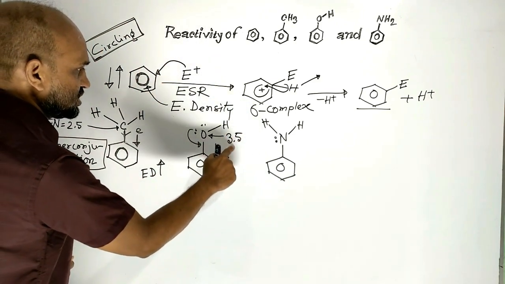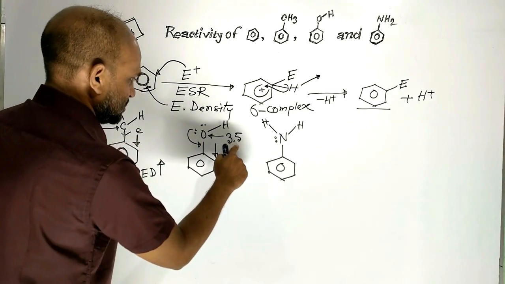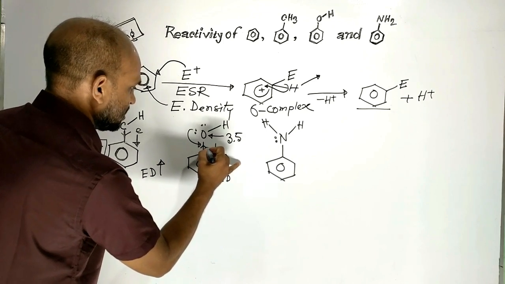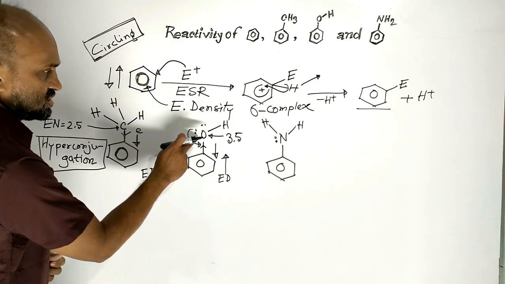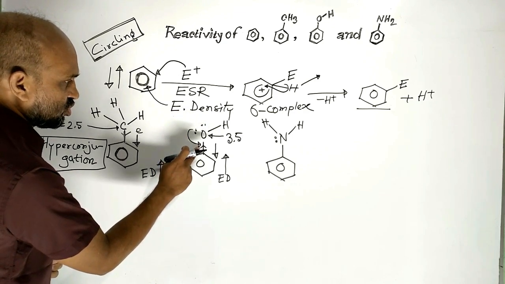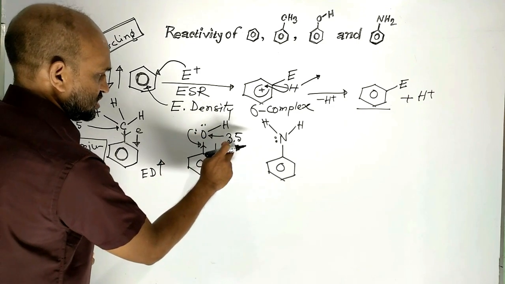Oxygen's electronegativity is higher than carbon. Electronegativity is the power of pulling covalently bonded electrons towards itself.